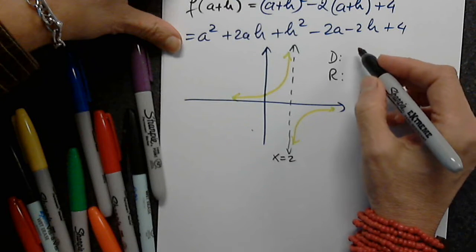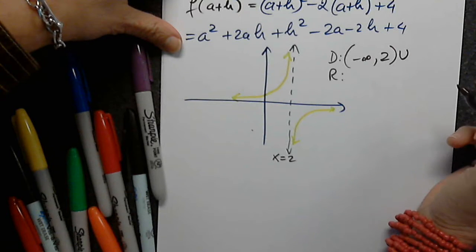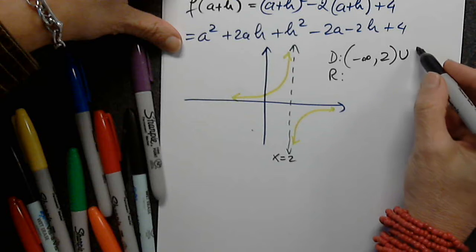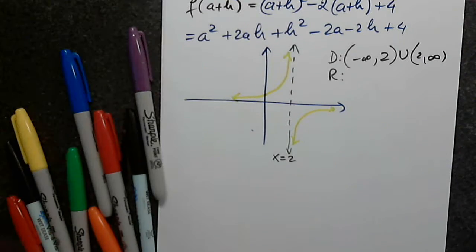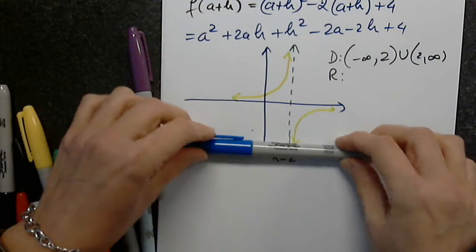So what do I write? Negative infinity, comma, good, union. Very good. You will see what happens in chapter 3 and what this function represents. Okay, now the range, please.